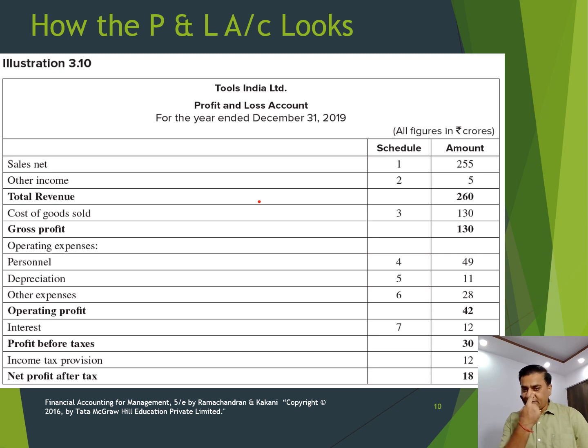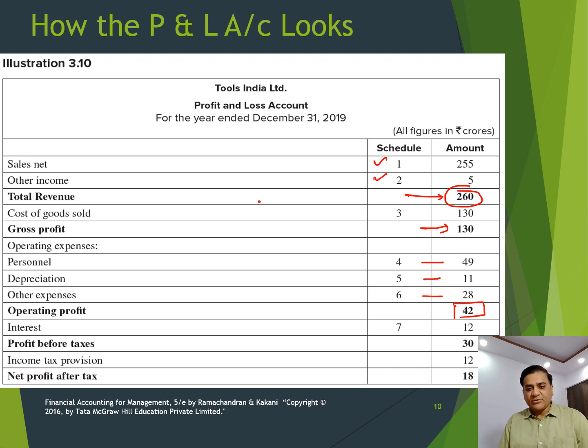If I change the same format into vertical format, on the top I record all revenues: sales, other income, my total revenue 260. Out of this, if I deduct my cost of goods sold 130, my gross profit is 130. Out of this, if I deduct my operating expenses, what remains is my operating profit.